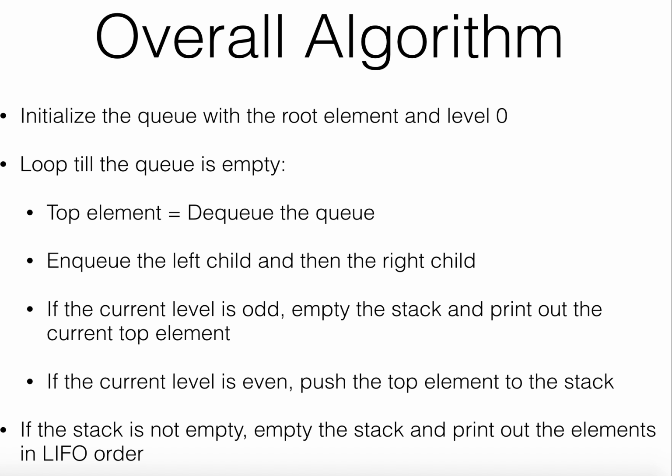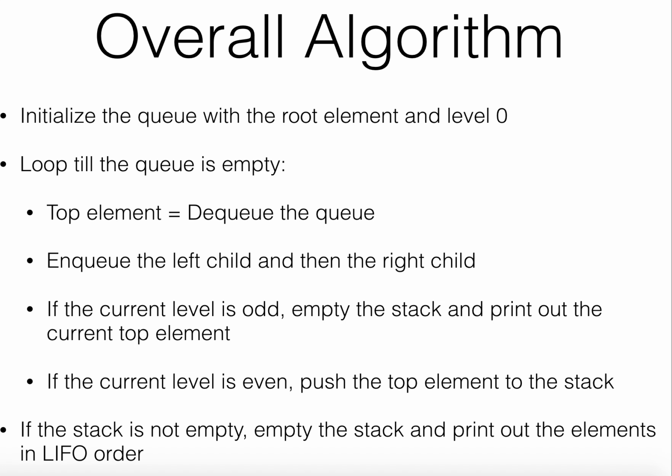And after emptying out the stack, you print out the current top element. If the current level is even, then you push the top element to the stack. And in the end, after the loop is done, your stack might not be empty. So you just empty out the stack and print out the elements in last in, first out order.